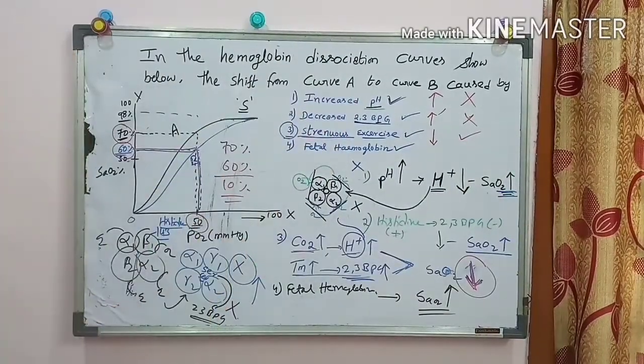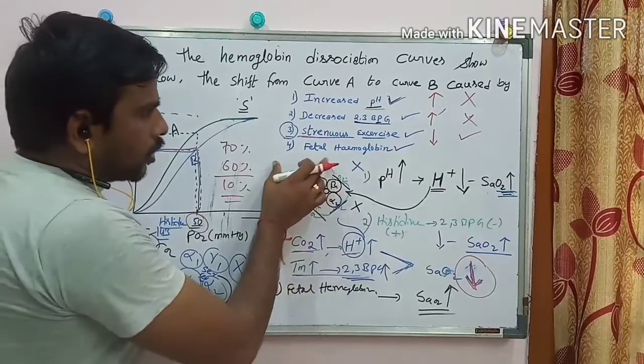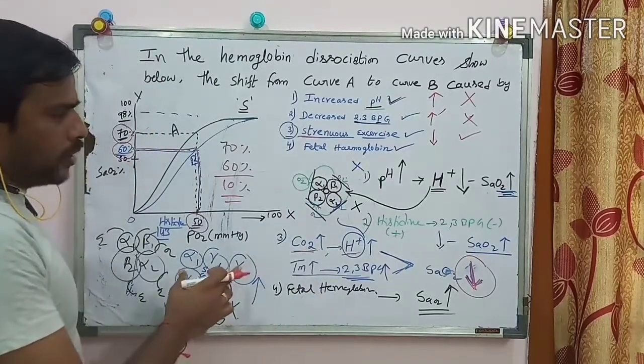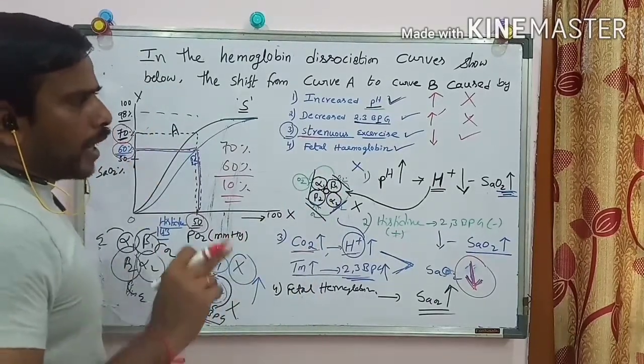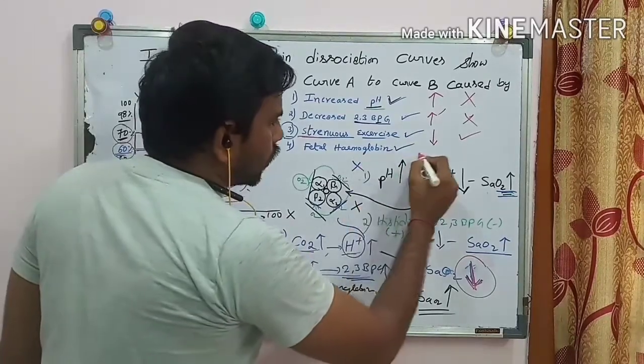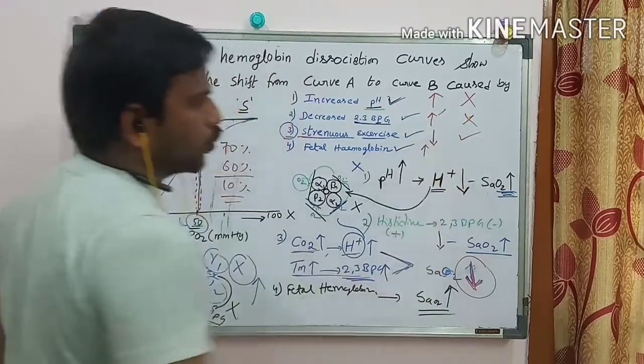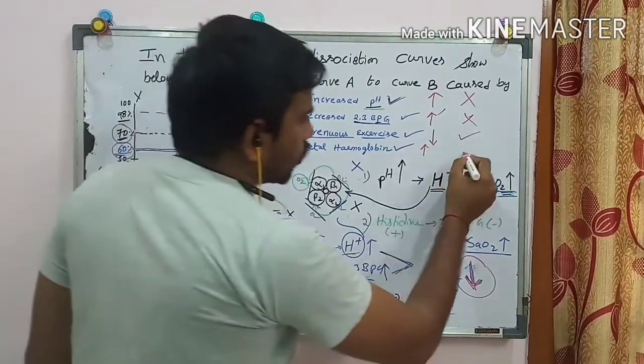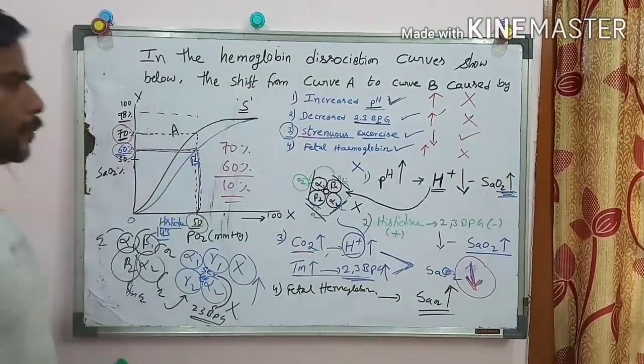And then we will see the fetal hemoglobin. Because of the absence of beta subunits, 2,3-BPG cannot bind to the fetal hemoglobin. So the saturation level of fetal hemoglobin towards oxygen is very high. So this option is also not correct.